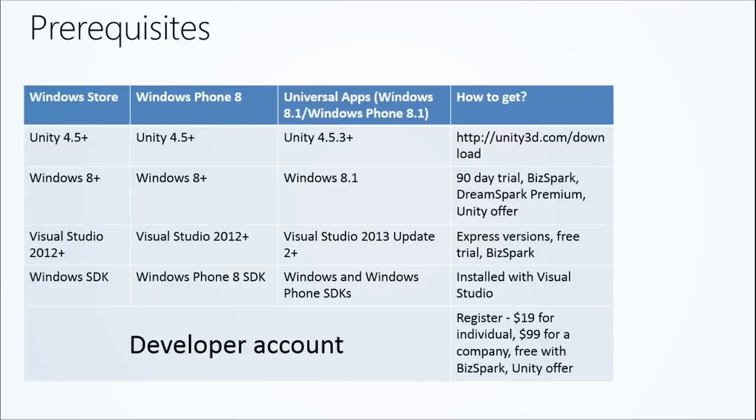If somebody doesn't have Windows 8, what is a great way to actually get their hands on it? Let's see, what do we have? We've got BizSpark. We've got DreamSpark. If you're a student, DreamSpark is essentially our school equivalent. We have the new Unity developer offer, for both level 1 and level 2 developers. Yep, and we can go over that later, I believe. You also need Visual Studio 2012 or greater, which again is included in each of those offers as well.